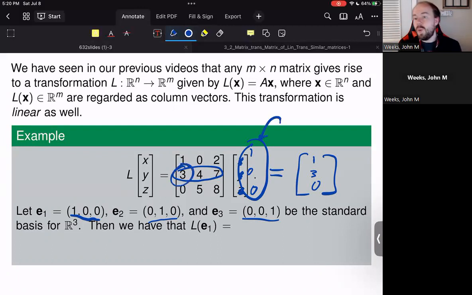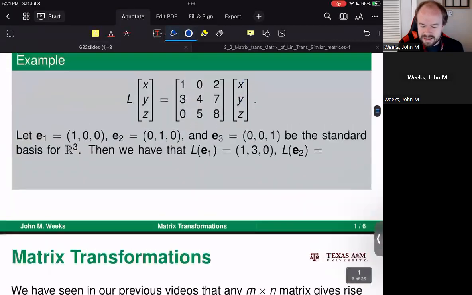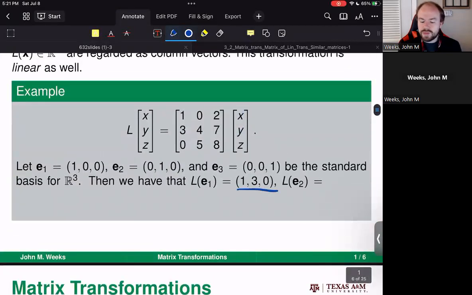So it only picks up one copy of the first element in each row. Algebraically, that's what's going on. What that means is we're only picking up the first element in each row, which is exactly the first column. So L of E sub 1 is the vector 1, 3, 0. That is the first column of the matrix A.